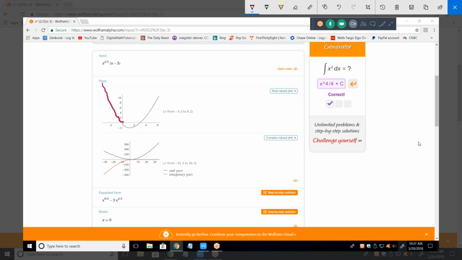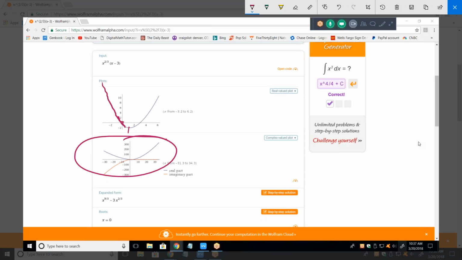Nothing. It's only my crooked writing that's going on. And we can definitely tell that it's decreasing from negative infinity to 6/5, and then it's increasing from 6/5 to positive infinity. That's what that chart tells us.